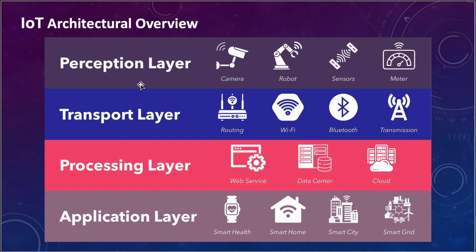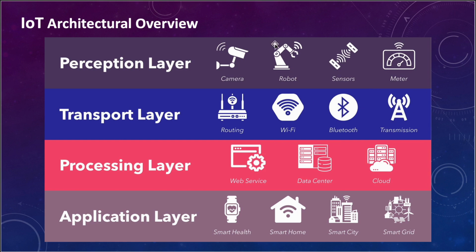But the perception layer specifically talks about IoT hardware components. When you talk about networking in IT, or IT infrastructure, all these things are normally seen.